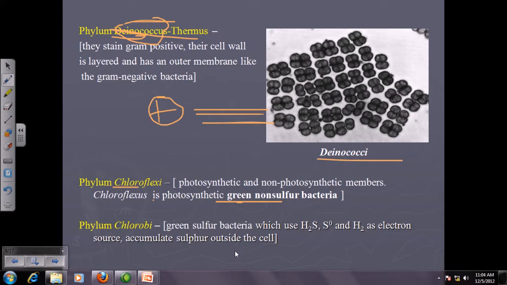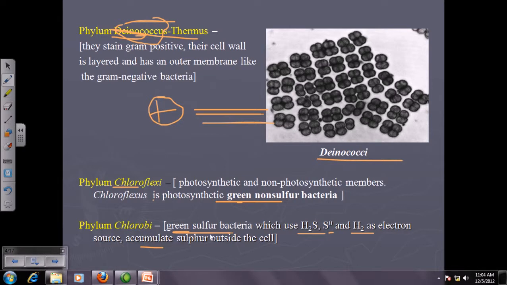This Chlorobi are also green sulfur bacteria, not non-sulfur. They are not capable of making food using oxygenic photosynthesis, but they can utilize H2S. They use hydrogen sulfide and sulfur as well as hydrogen as an electron source, and they can accumulate sulfur outside the cell by using that.